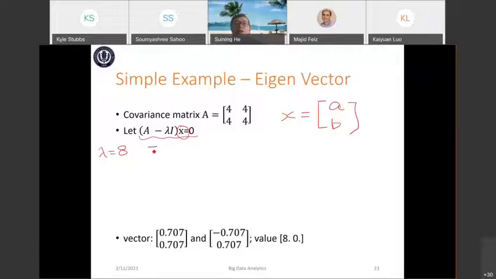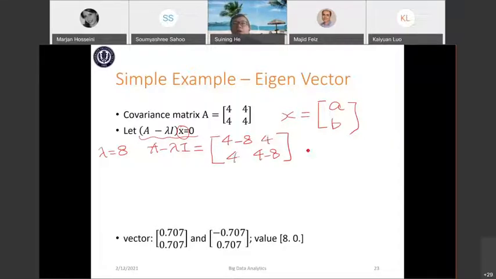We first look at this formula. A minus lambda I would be equal to 4 minus 8 for the diagonal elements, and the off-diagonal elements are all 4.